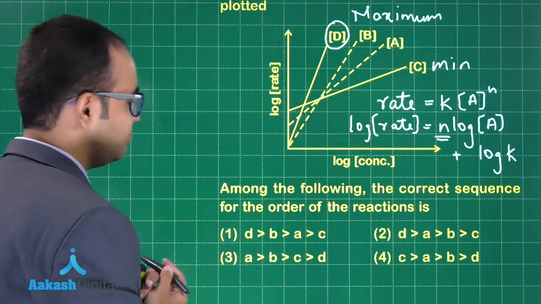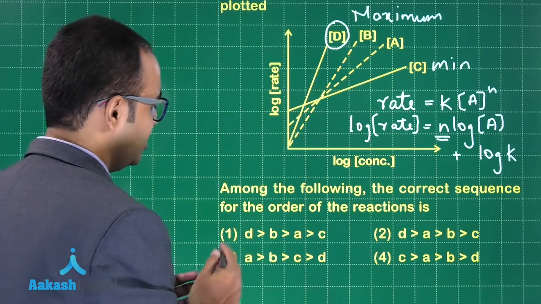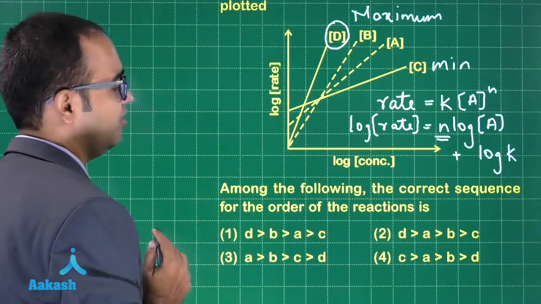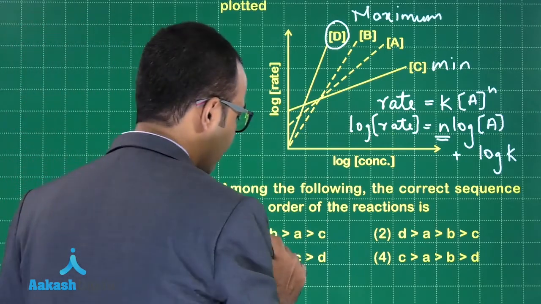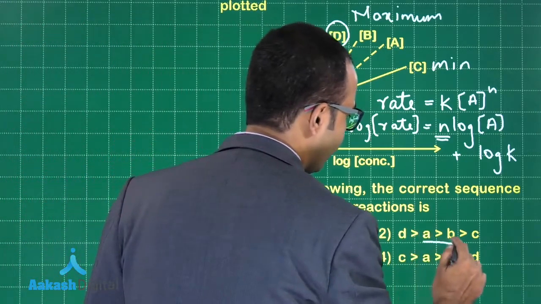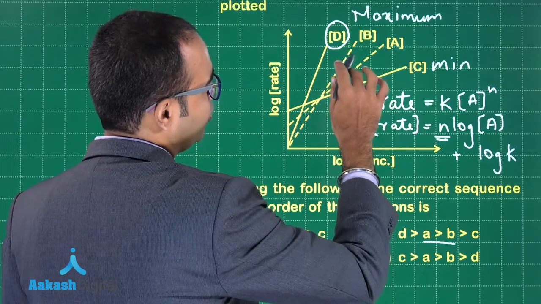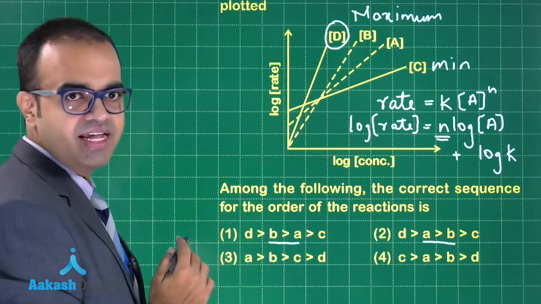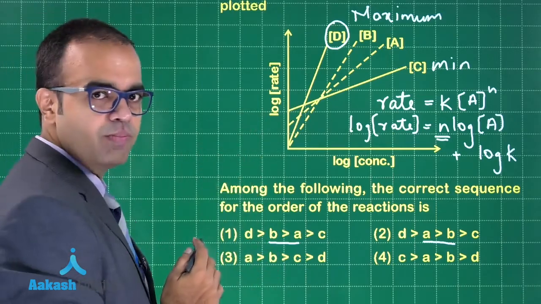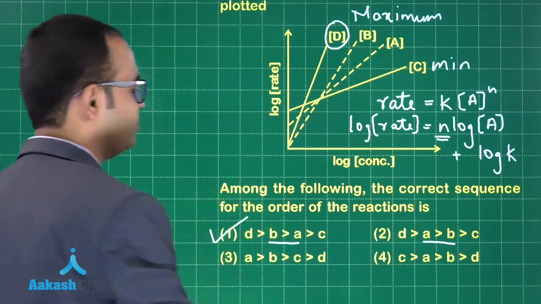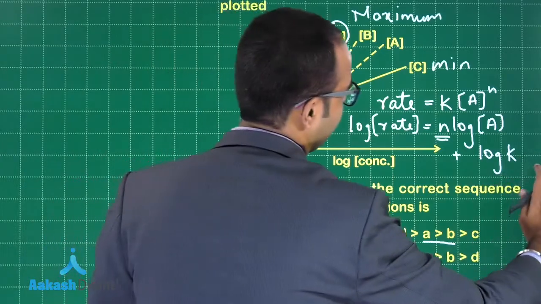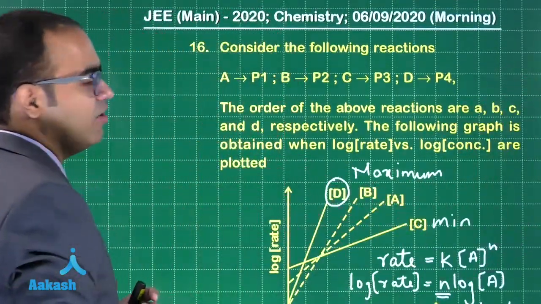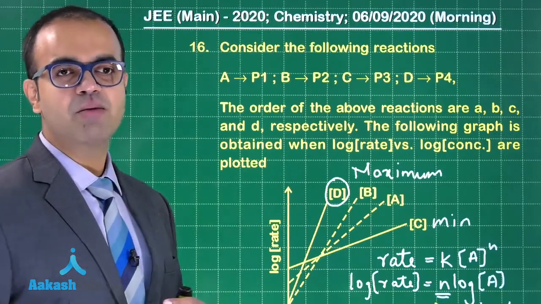So let us see if it is matching with the options. Yes, there is option 1 as well as option 2, which is very close to whatever we have done. So now we'll have to compare B and A. So between B and A, which one has a higher slope, guys? B has a higher slope than A. If B is having a higher slope, then the answer is option 1. Okay. So I hope this is very clear to all of you. Let us move on to question number 17.